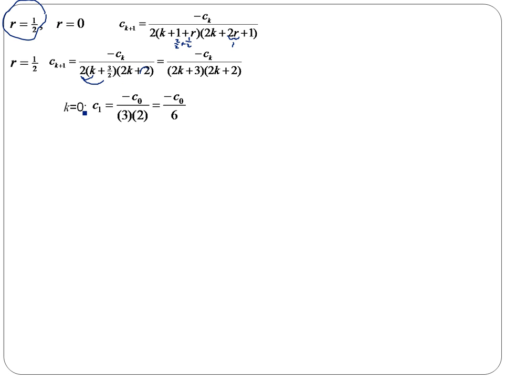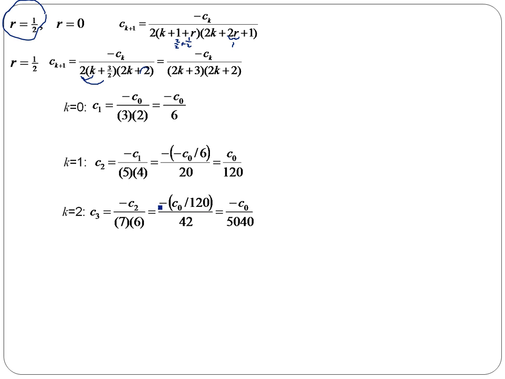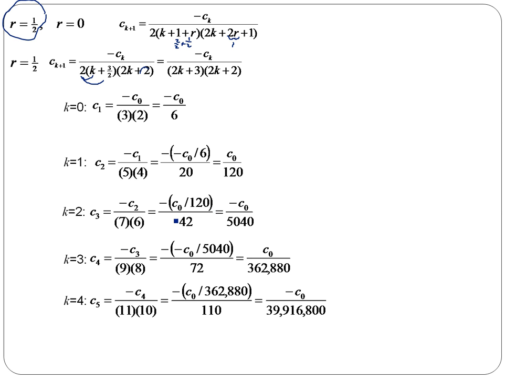And again, you want to substitute values into this recurrence relation and simplify as much as possible. So I get the coefficient for c1 should be negative c0 over 6. The coefficient for c2 should be c0 over 120, and so forth. And here are my first 5 coefficients.